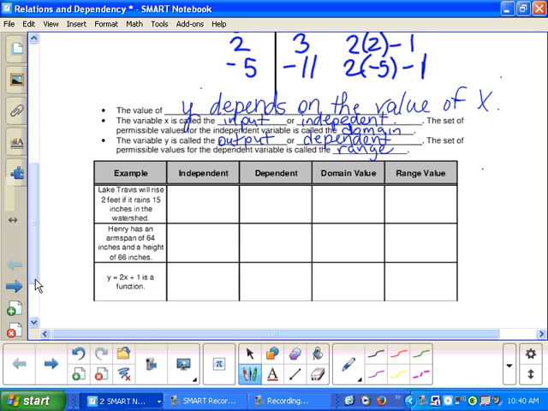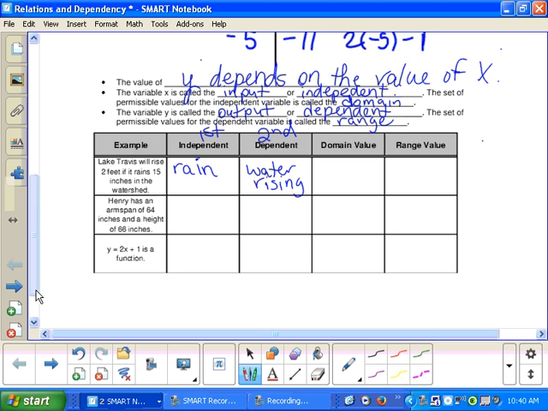So let's summarize this. If we have the one about the lake, it's going to ask you about the independent quantity or variable. That means the words. So here, this is going to be for independent. What comes first? Rain. Whatever comes first is your independent. And you have to say them sometimes for it to make sense. The water rising is your dependent. And so if we're going to write this statement down here at the bottom, let's write this statement.